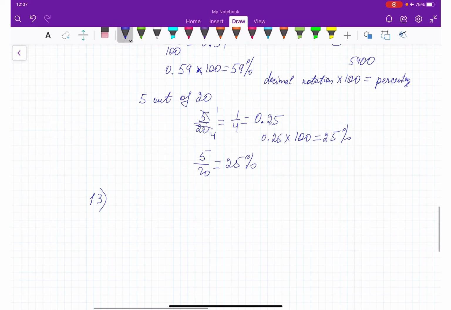To get percentage, we have to take decimal notation and multiply by 100. So to go from percentage to decimal notation, that's right, we divide by 100, right? The percent, as a decimal.